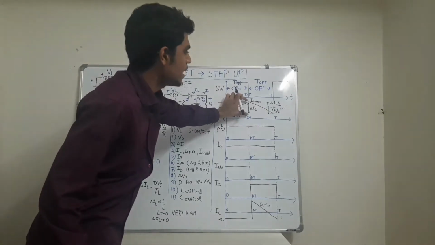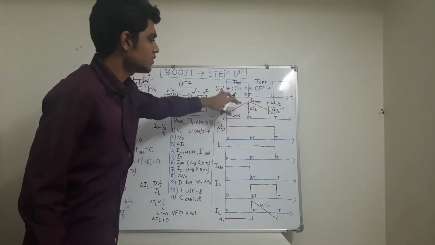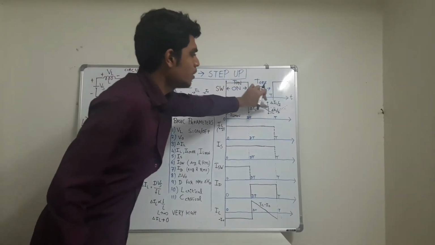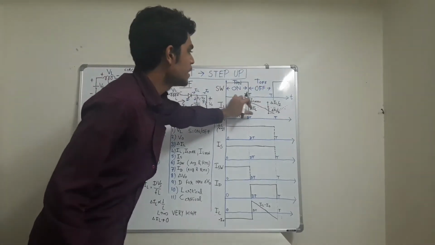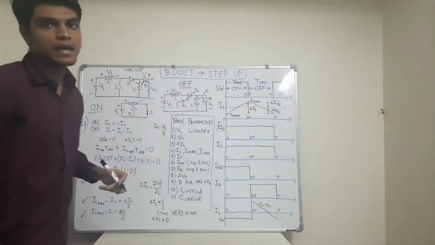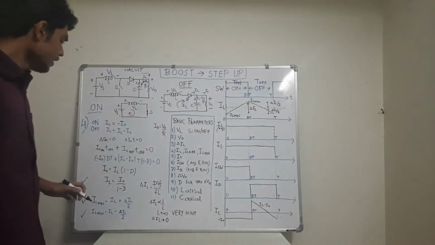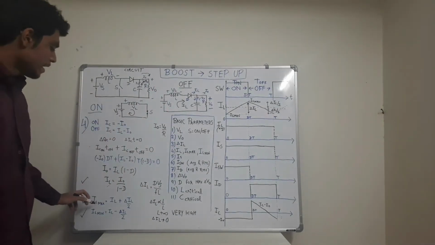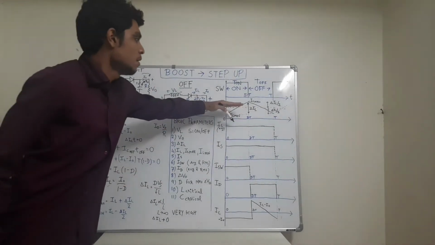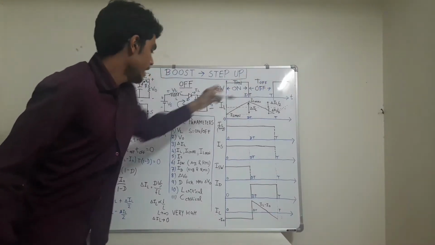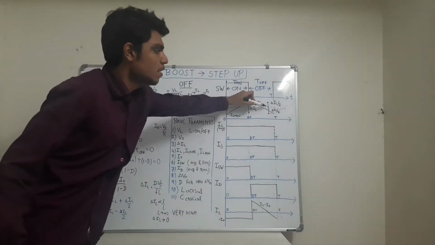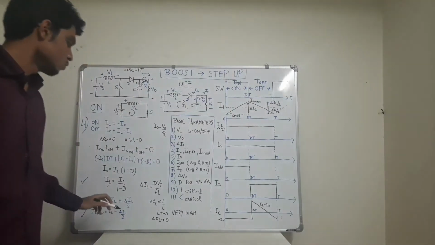So if this is del IL, the total difference, then this above part will be del IL by 2 and the below part will also be del IL by 2. From that we can get IL max equals IL plus del IL by 2 and IL min equals IL minus del IL by 2.